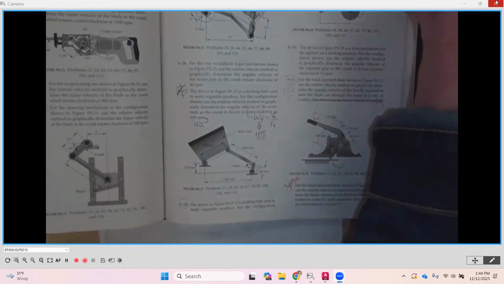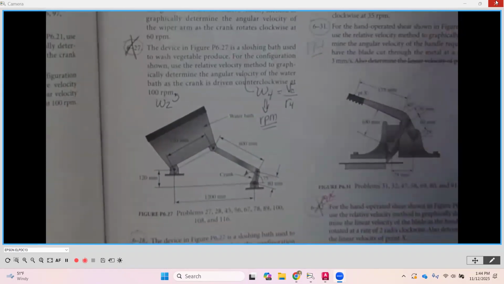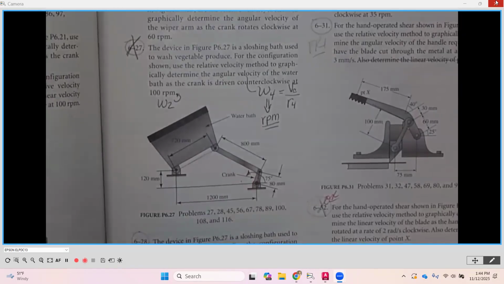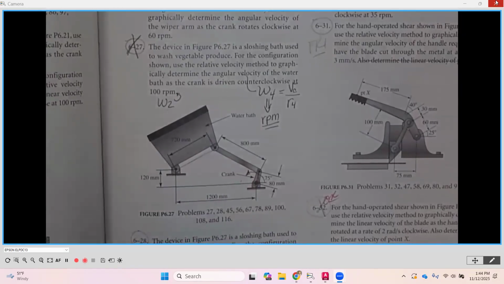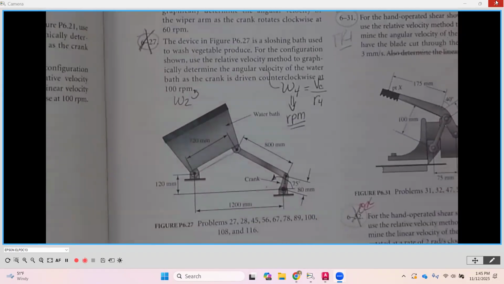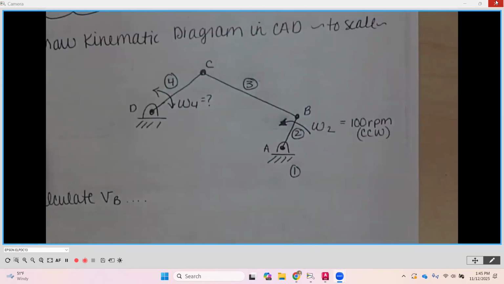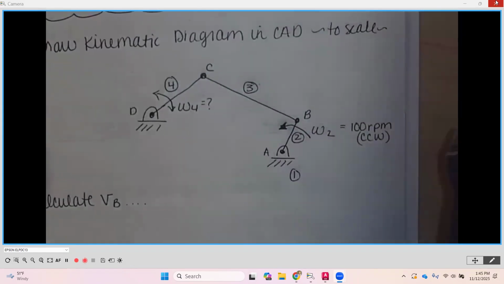So the numbers that we see here are going to be in millimeters. Okay, so you're going to want to bring up your kinematic start file that is for a metric drawing or a metric kinematic diagram. And we're going to draw the kinematic diagram in the position that it is.